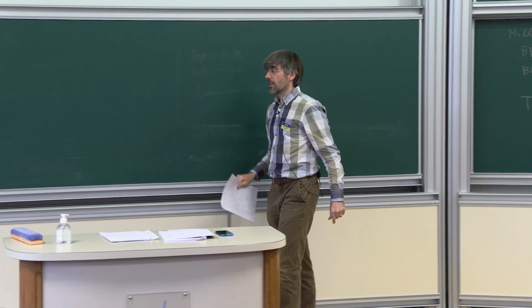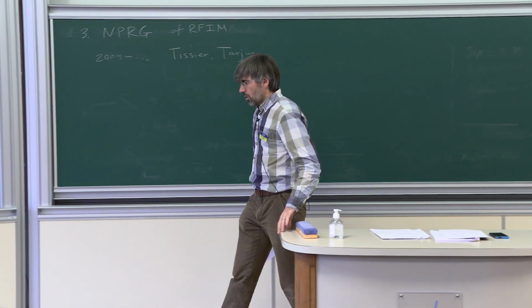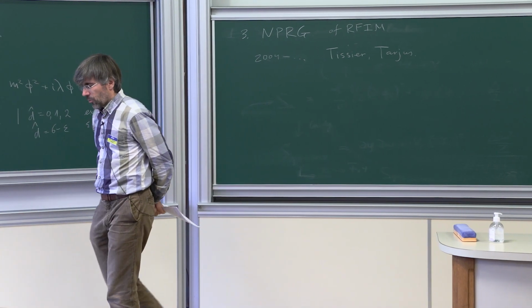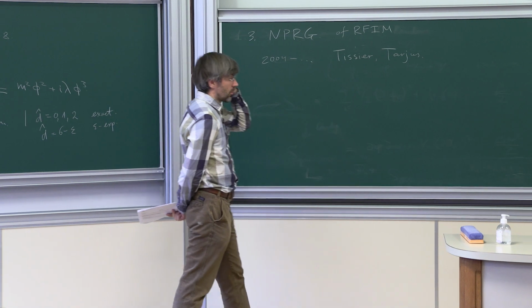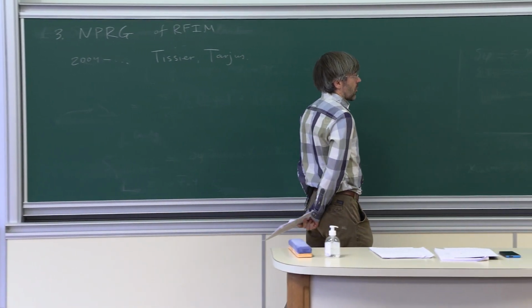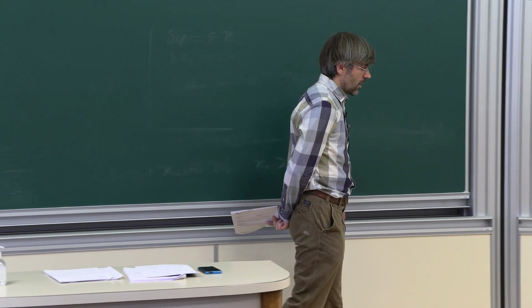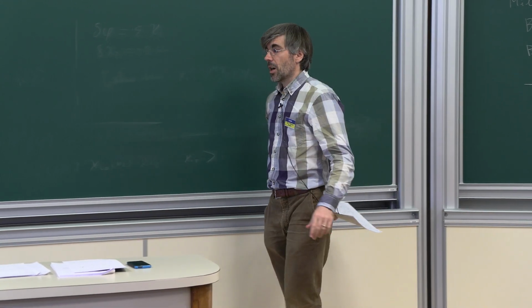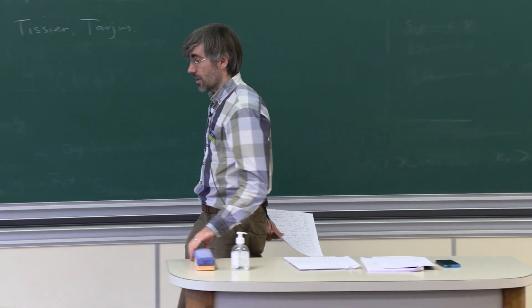It means that you make a certain physics-motivated ansatz for the effective action of the random field Ising model, working, for example, in the replica formalism, and this ansatz allows for many couplings, and then you look for fixed points within this ansatz.